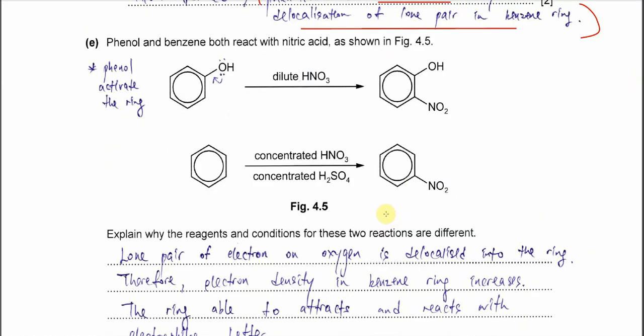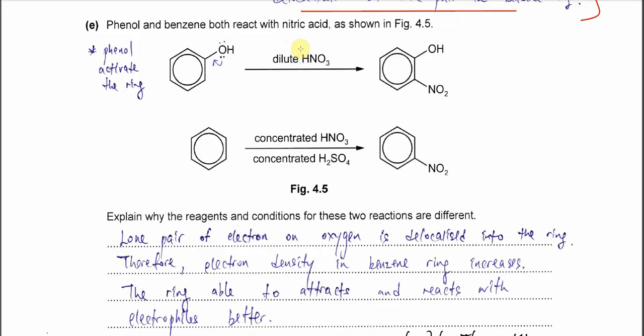Part E. Phenol and benzene both react with nitric acid, as shown in this figure 4.5. So phenol, as you can see, when it reacts with the reagent, we no need to use concentrated HNO3 and H2SO4. We just need to use dilute acid. Why? Because phenol is the one that is able to activate the benzene ring.